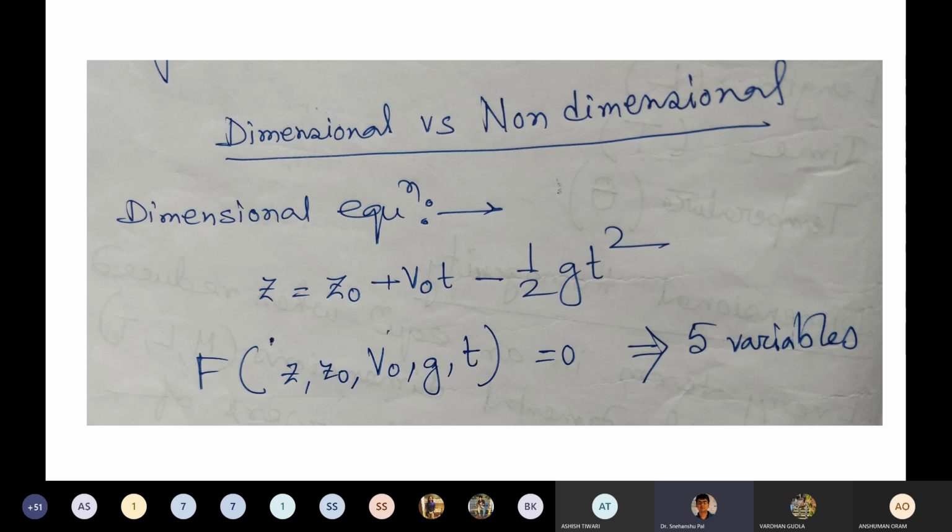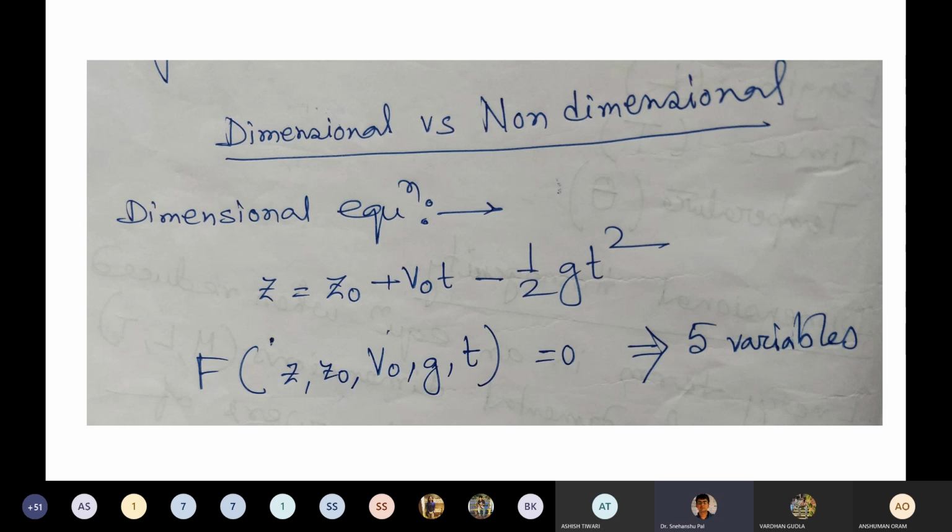If you see this equation, there are 5 variables and all the variables have a dimension. So you can tell that this is a dimensional equation. You have to express certain dimensions in the form of MLT or FLT.